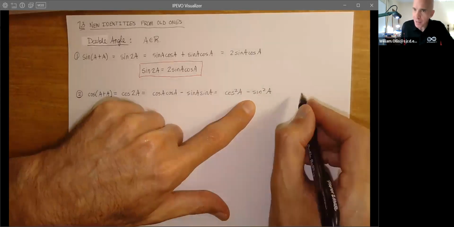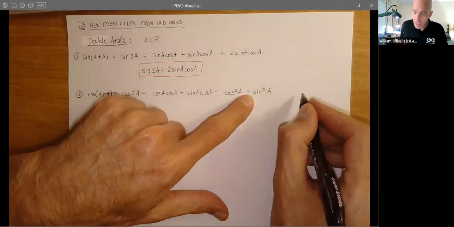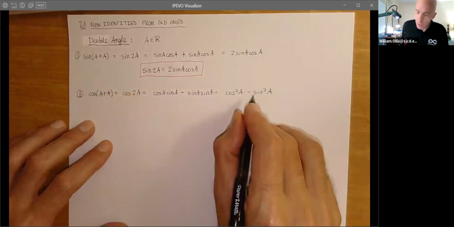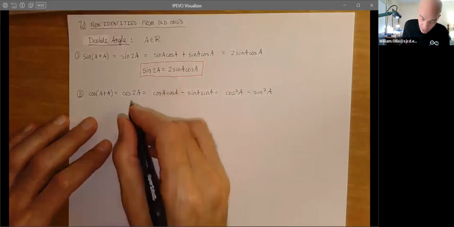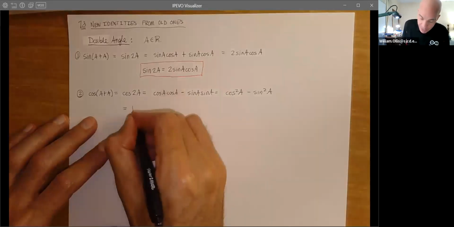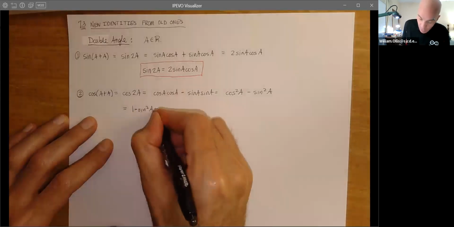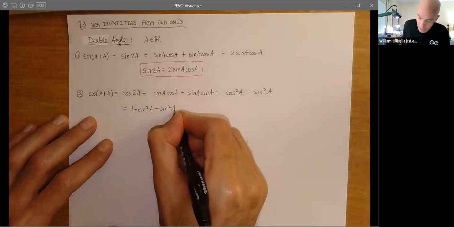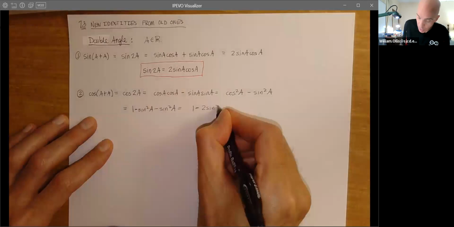So it's not the Pythagorean. It looks Pythagorean, but a little kink right there with the minus. So there's one version. The other version would say, well, let's replace cosine squared with 1 minus sine squared. So this will equal 1 minus sine squared A minus sine squared. So that gives us 1 minus 2 sine squared A. So there's another version.